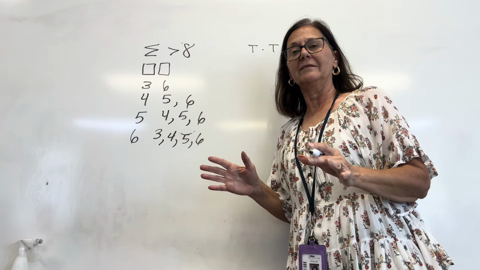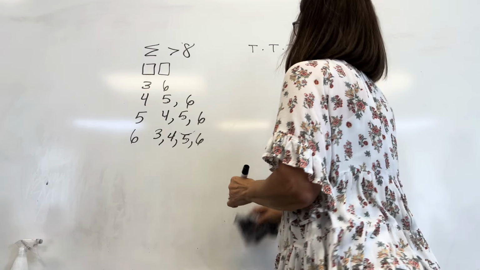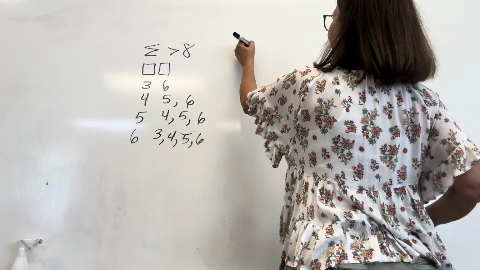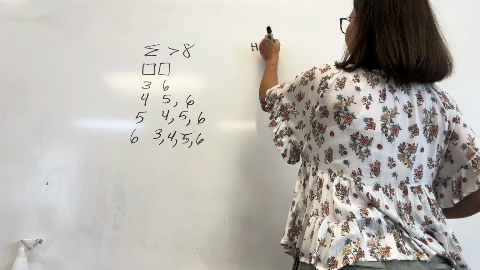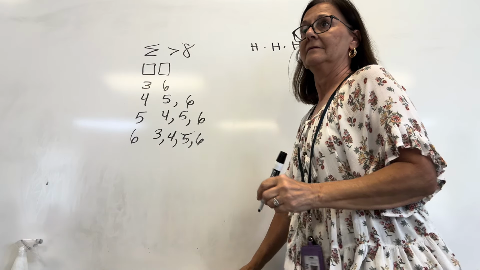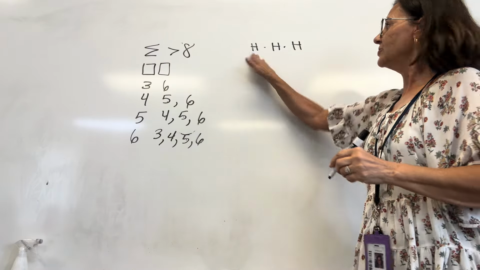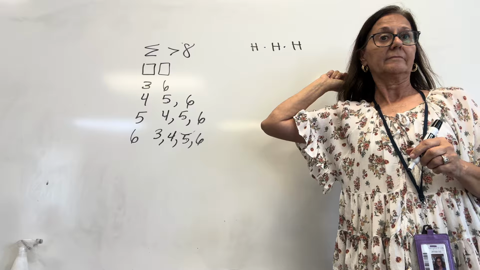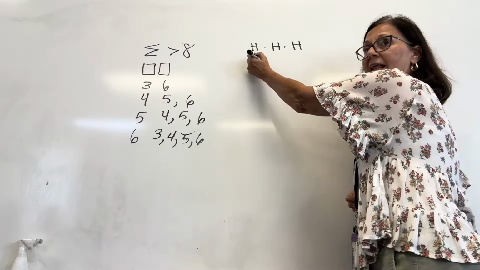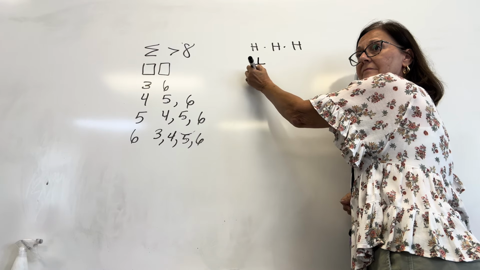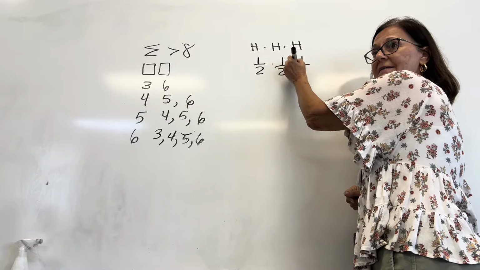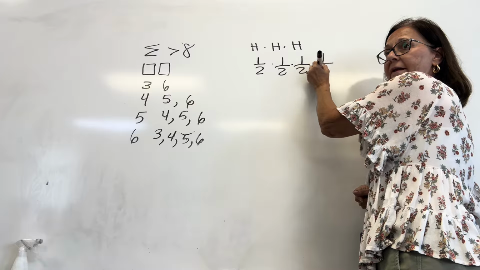What do we want? Heads. What is the probability I get heads every time? Heads, heads, heads. First toss, second toss, third toss. The probability that I get a head the first time is 1/2 times 1/2 times 1/2, which is 1/8.